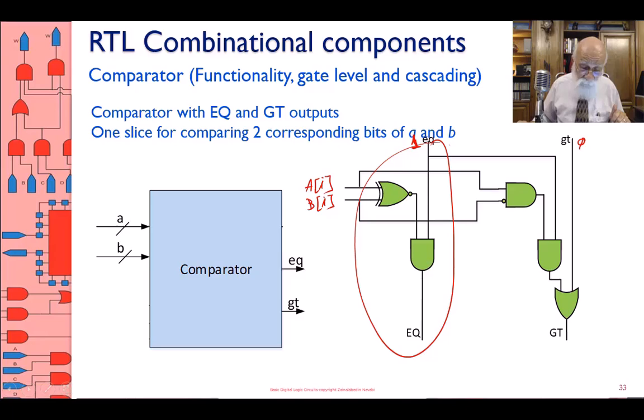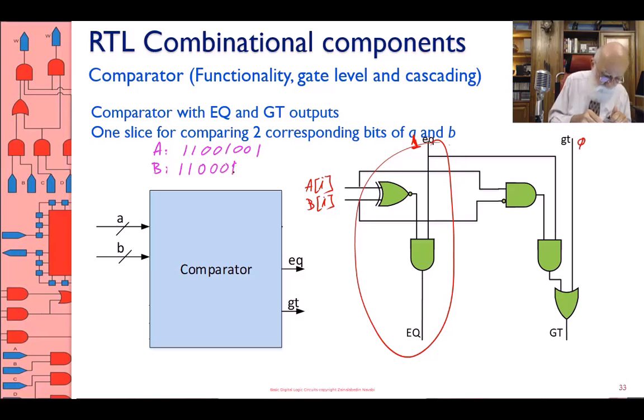I'm going to put an example here and play with this example. This is my A, this is my B. 1 1 0 0 1 0 0 1. B is 1 1 0 0 0 1 1 0. Okay?